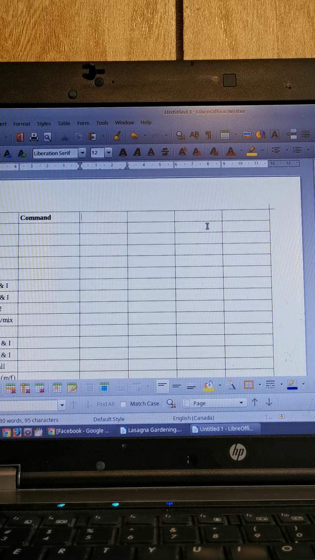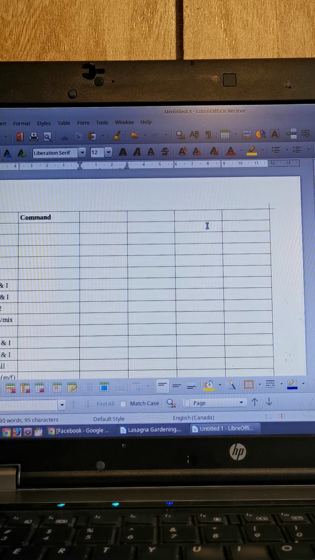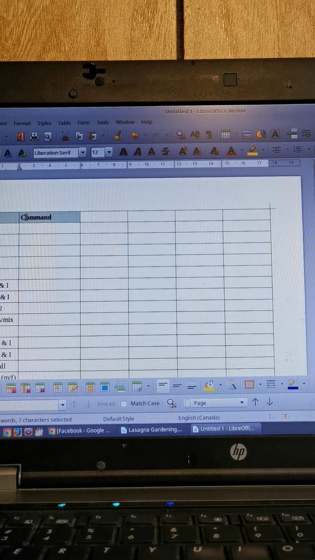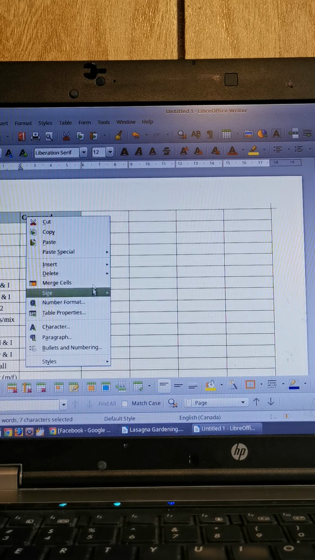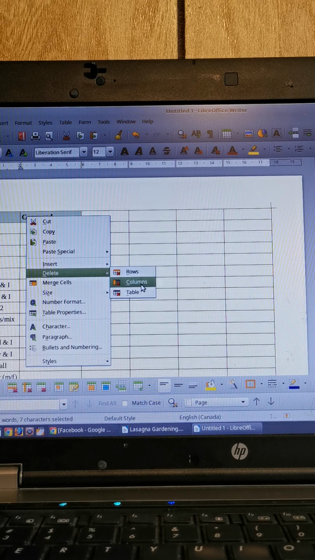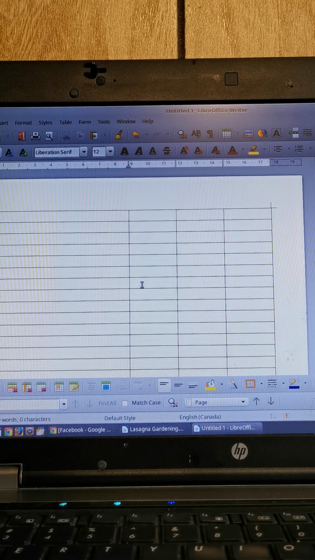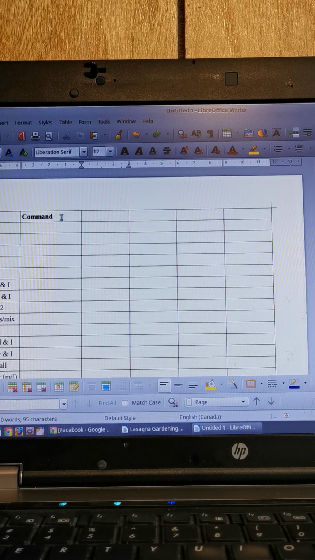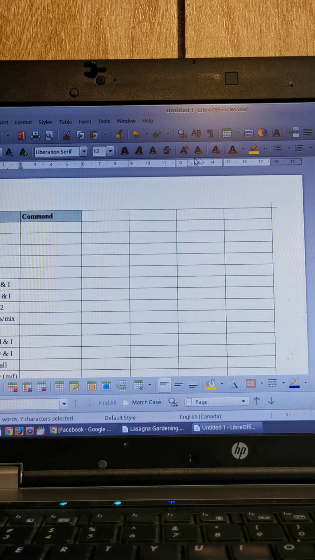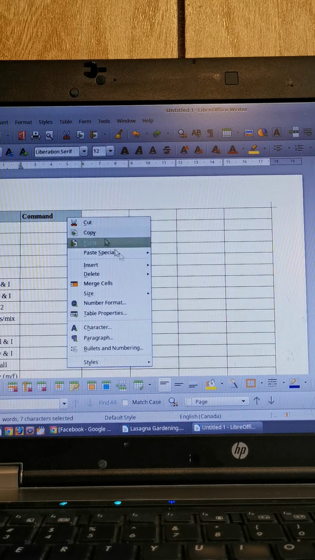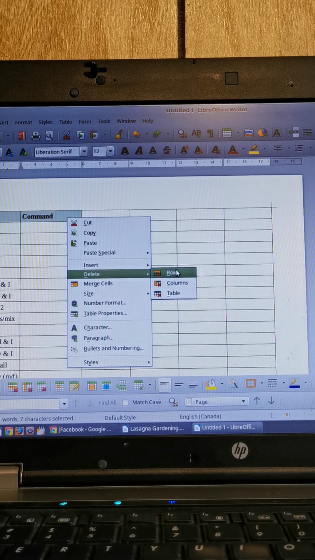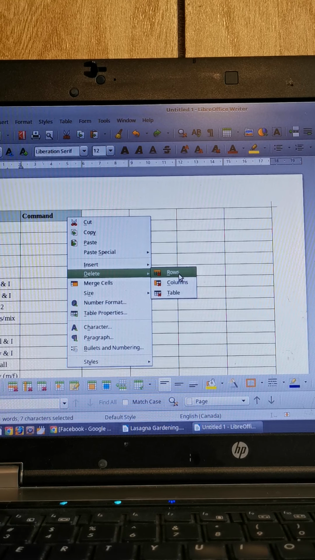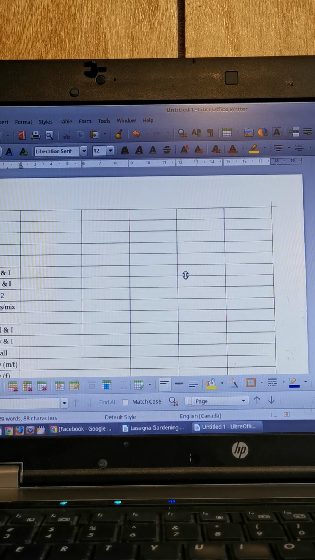Over here, actually I want to erase that column. Oops. Control Z to undo what I just did. Delete. The row, I guess. Nope, that's wrong.